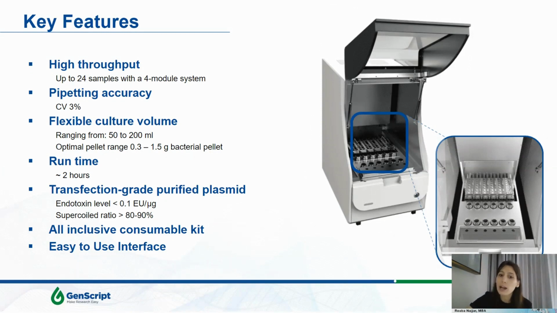So that would mean everything you will need to basically run this instrument with the maxi prep is included, minus the ethanol. Of course, this is more of a shipment requirement. I think most of the people that have worked in a laboratory setting know that there's a lot of shipping challenges with ethanol because, of course, it's explosive.